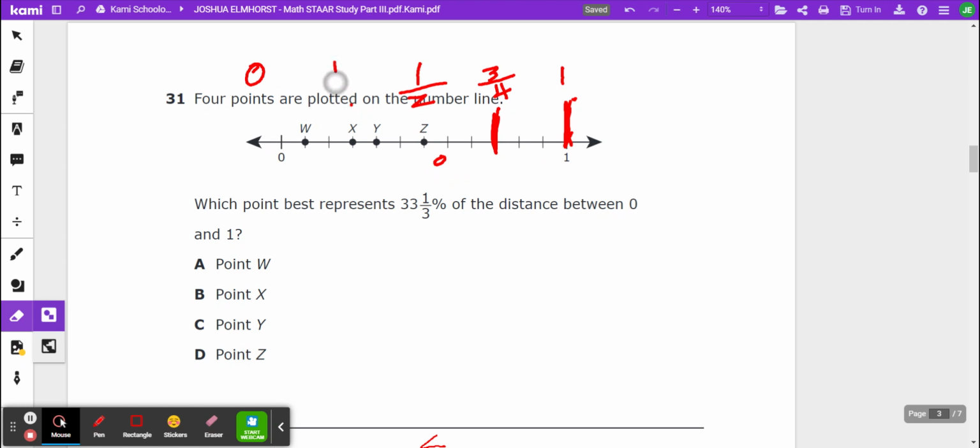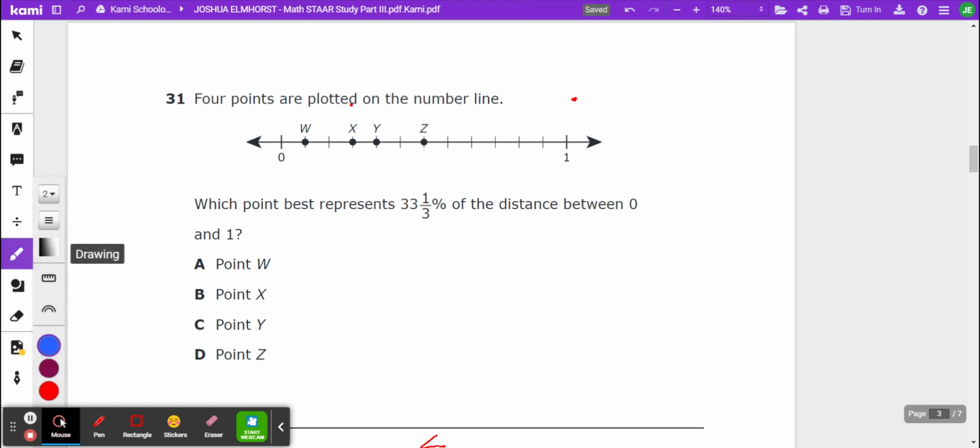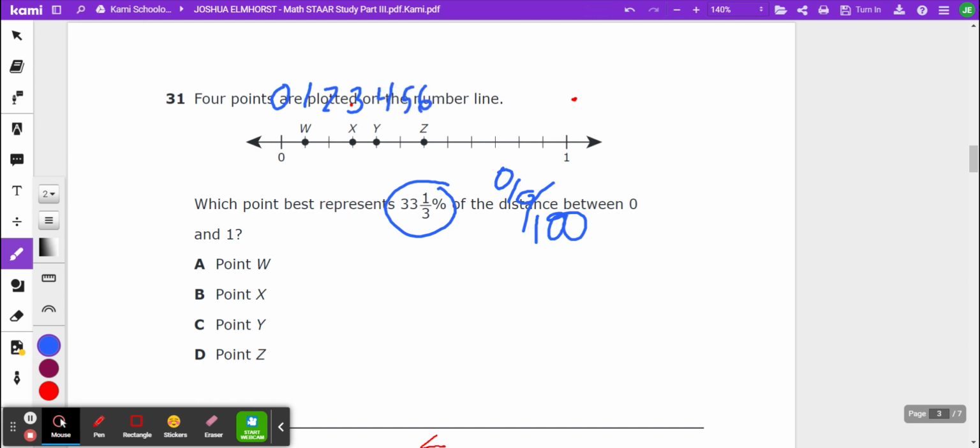Okay, there's a couple different ways to go about this right here. Okay, and so we're looking at 33%. So percent is out of 100. But on the top, we're going to look at the parts. So there's 0, 1, 2, 3, 4, 5, 6, 7, 8, 9, 10, 11, 12.